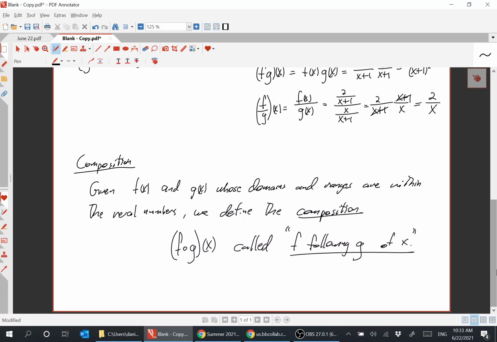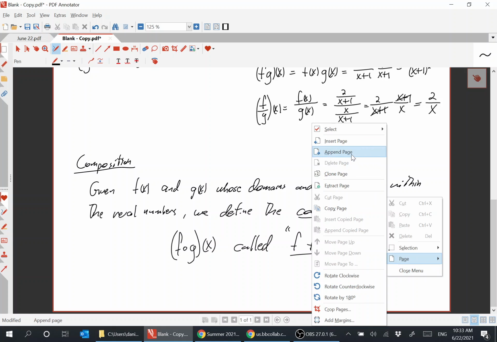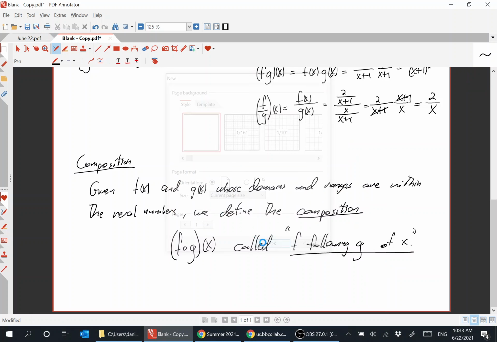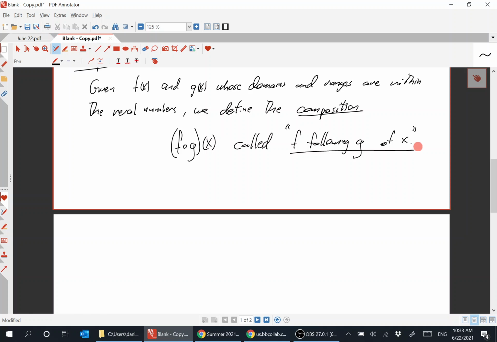F following g of x is defined like this. We define the composition called that as shown. So f following g of x is f of g of x.